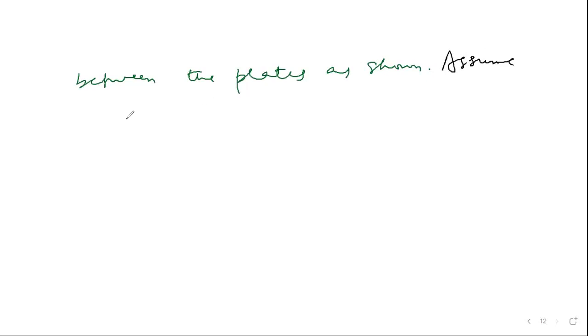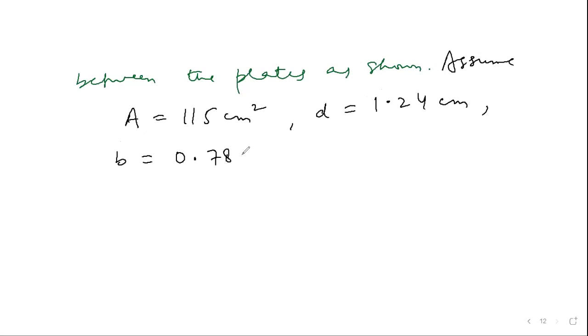Assume A is equal to 115 centimeter square, D equal to 1.24 centimeter, B equal to 0.78 centimeter, the dielectric constant equal to 2.61, V naught equal to 85.5 volt.